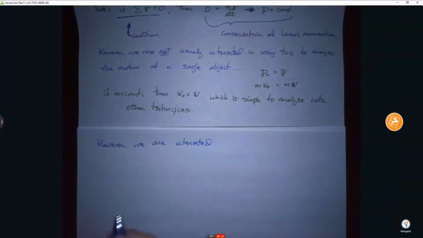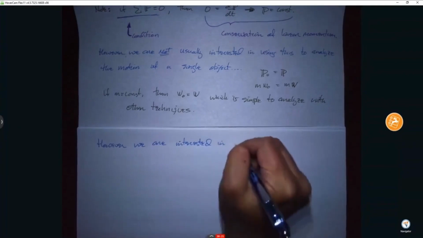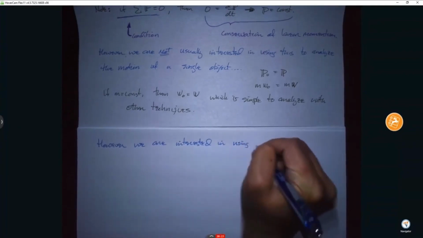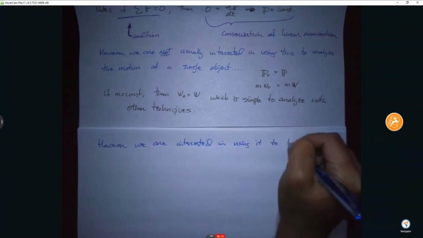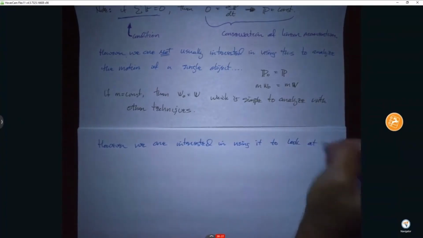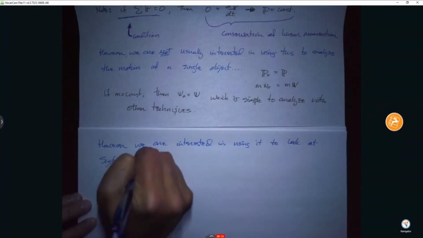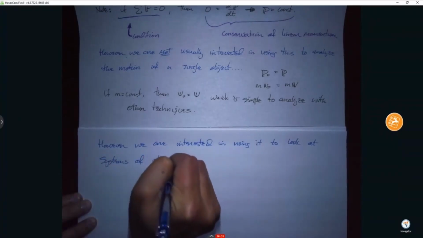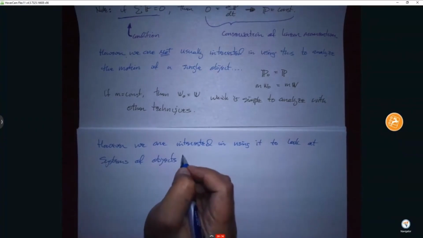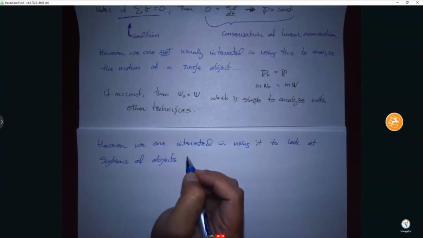So we are interested to look at systems of objects.